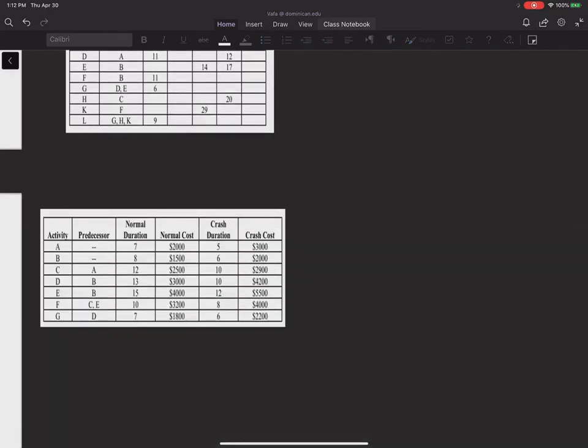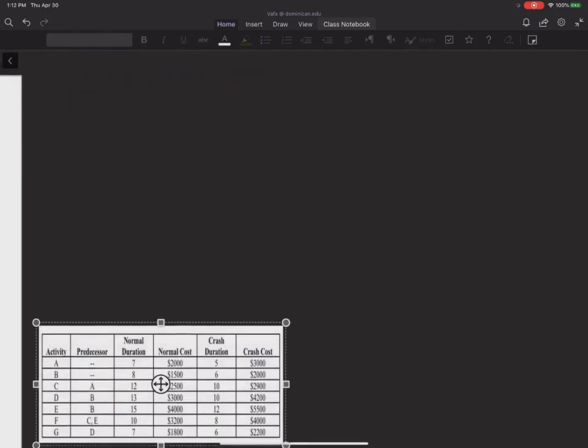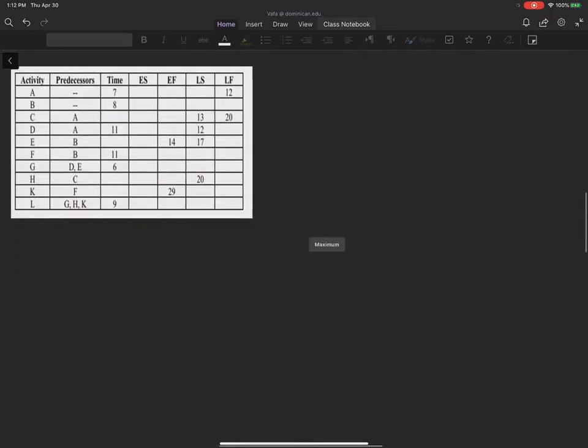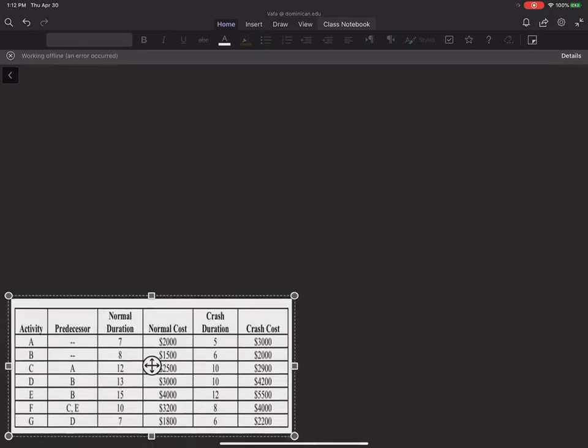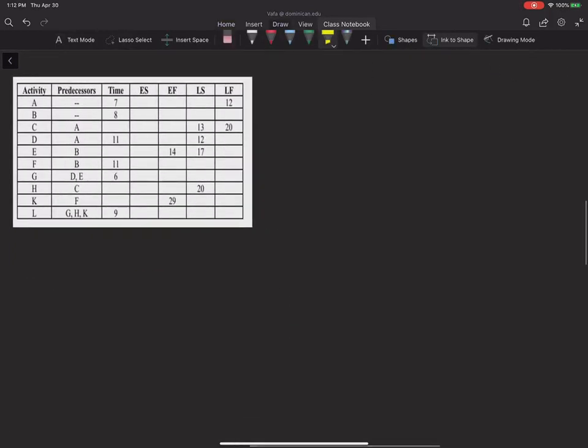Let me move this one down as well. We don't need it for now. Okay, so let's build the network together. As you see, activities A and B can start without any predecessors.